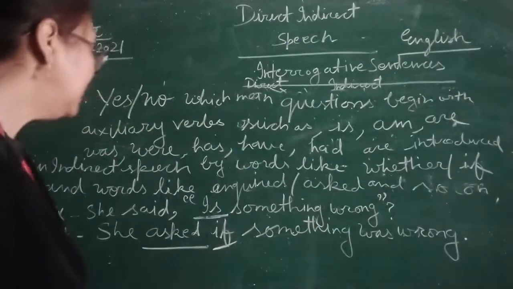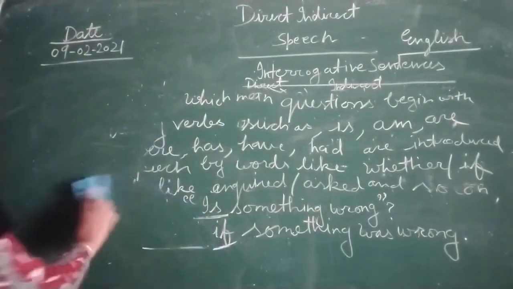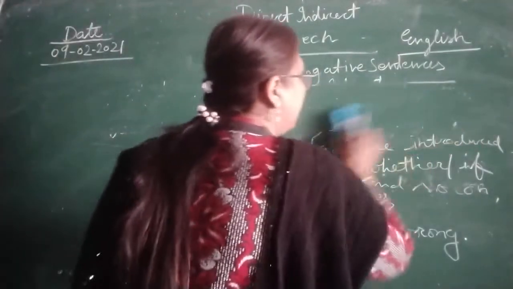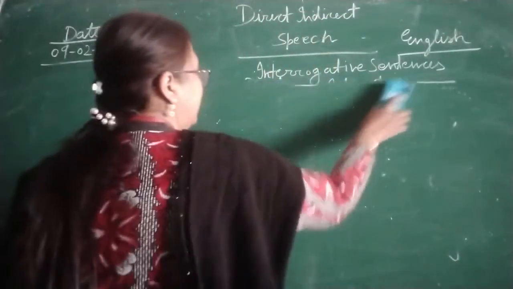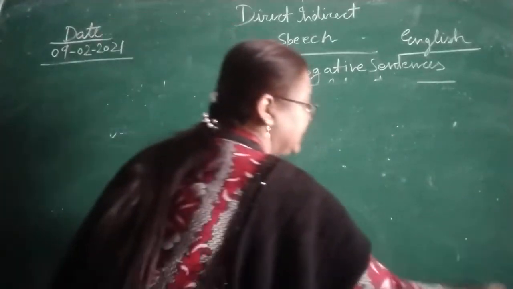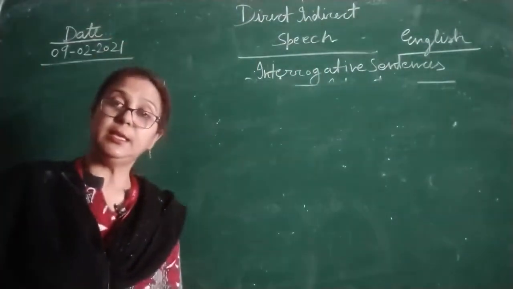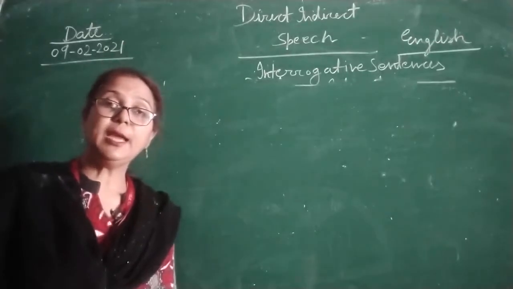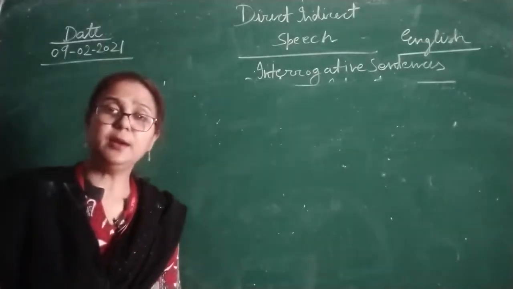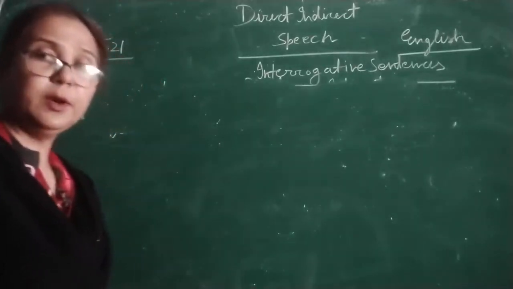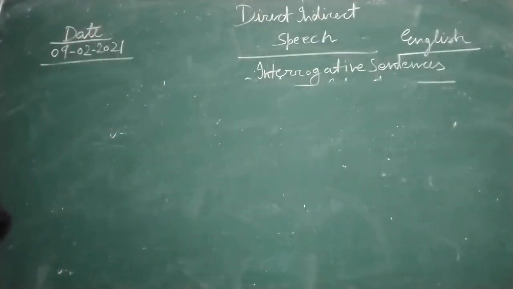If the sentence in direct speech starts with is, am, are, do, does, we will write if and whether. And in the reporting verb we will start with inquired, asked, these types of words in place of he said or he told.